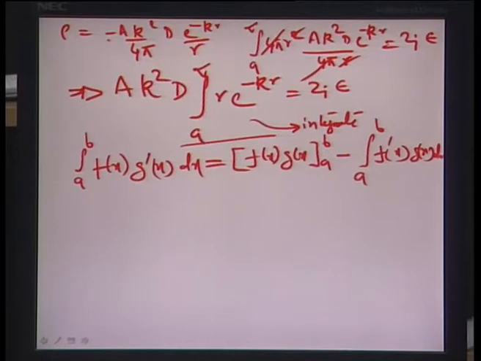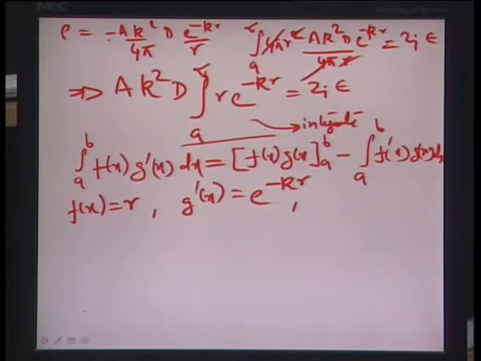I just want to reiterate what integration by parts says. So, essentially here f x is equal to r, and g dash x is equal to e to the power of minus k r. So, therefore, g x becomes minus e to the power of minus k r by k.